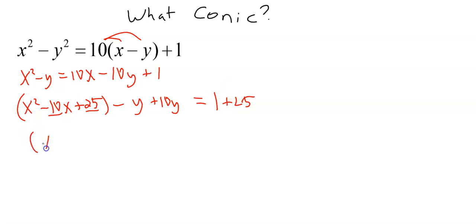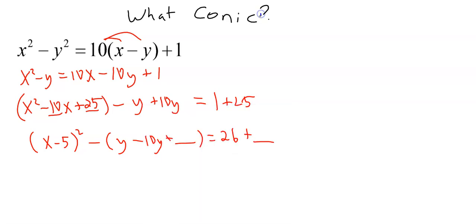So this first term, we pretty much got x minus 5 squared. Minus, we really need this to be in parentheses. So I'm saying minus y squared minus 10y plus blank equals 26 plus blank.